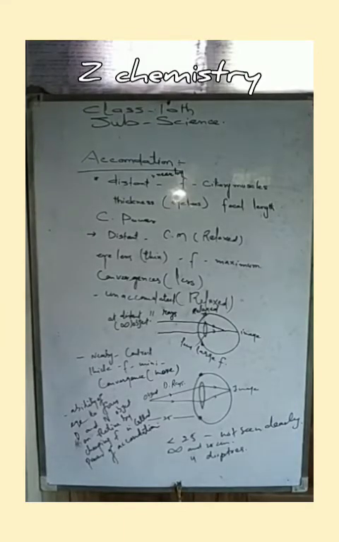Or we can state that when the eye is looking at a distant object, the eye is said to be unaccommodated because it is the relaxed state of the eye.